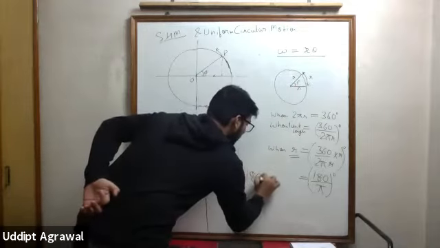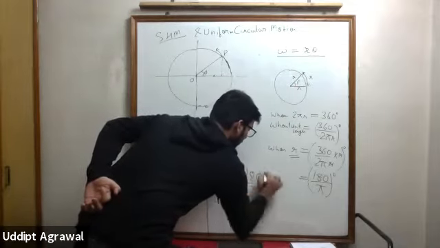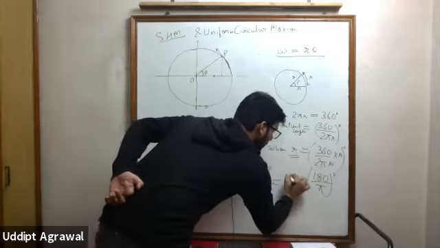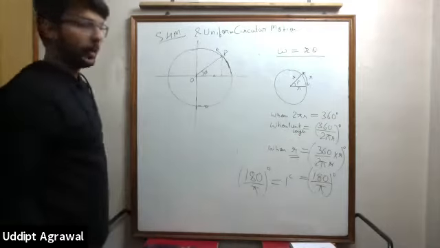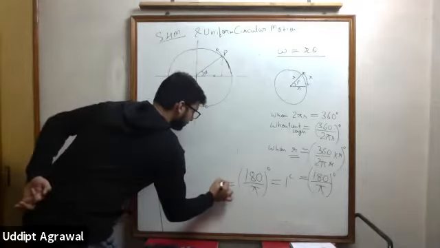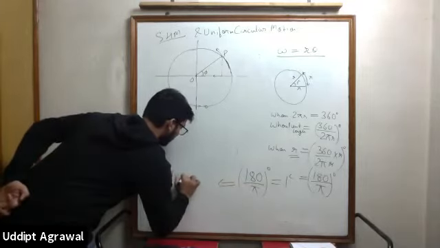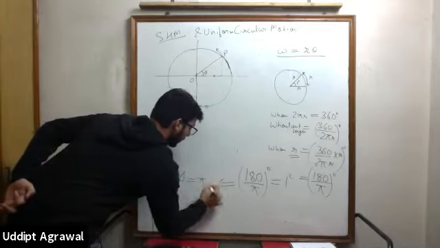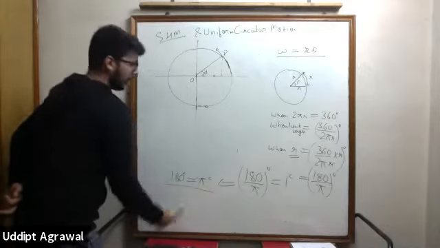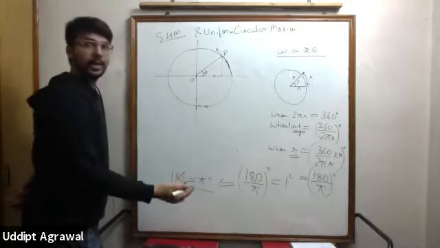So the angle in degrees should be equal to 1 radian, which gives us the relationship 180 degrees is equal to pi radians. Now this is pi radians, do not forget that.